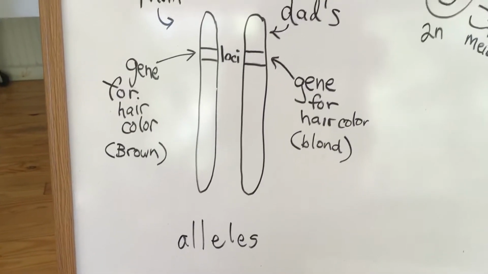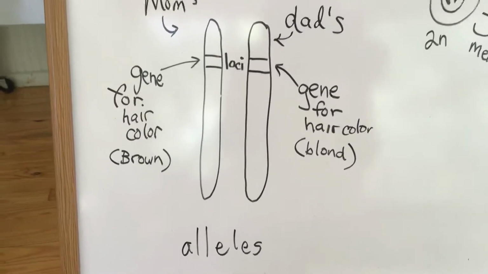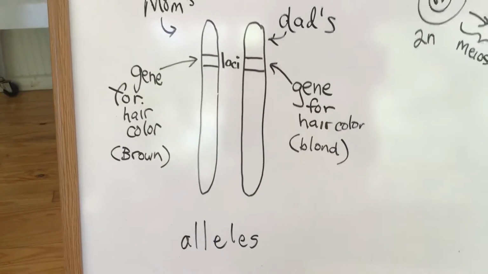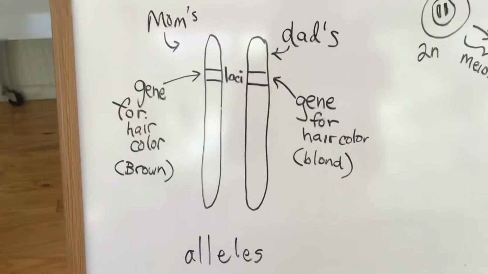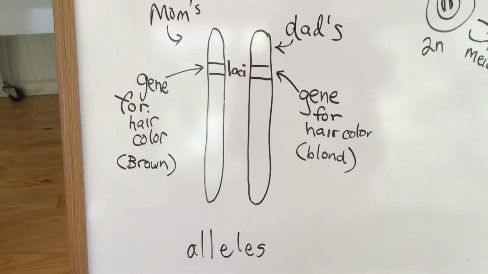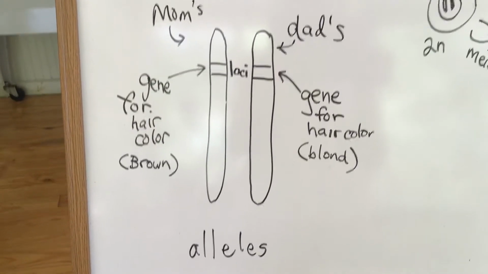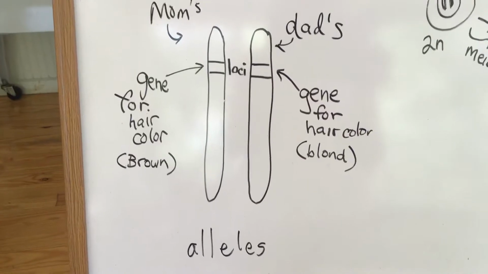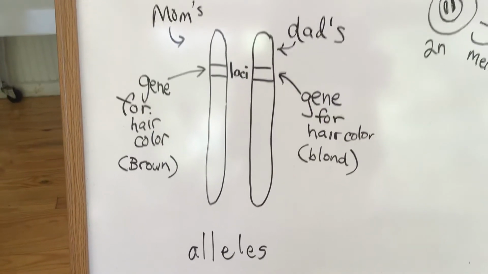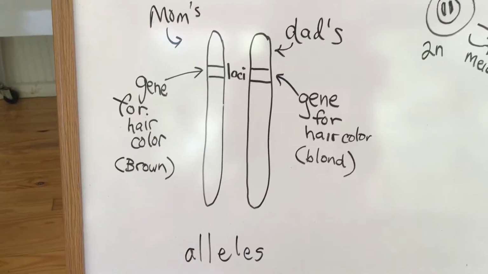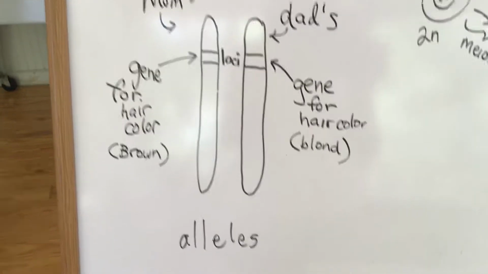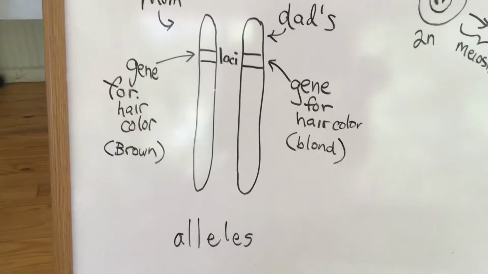So if I had the gene for brown hair on mom's and brown on dad's, then I would have just one allele for that gene. In this case, I have drawn two alleles, brown and blonde, for that gene. So the definition of alleles is a version of a gene.